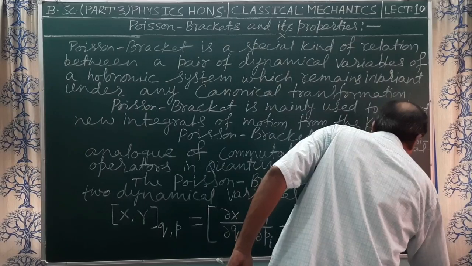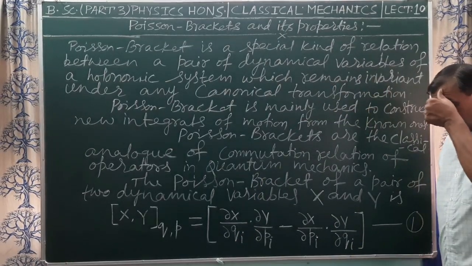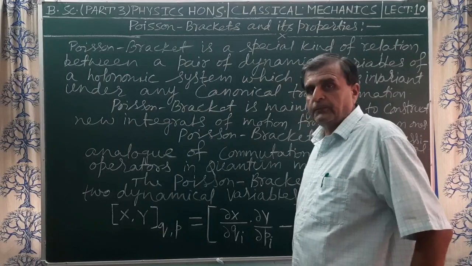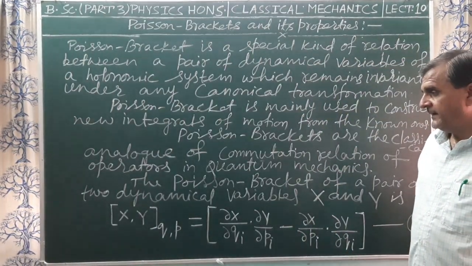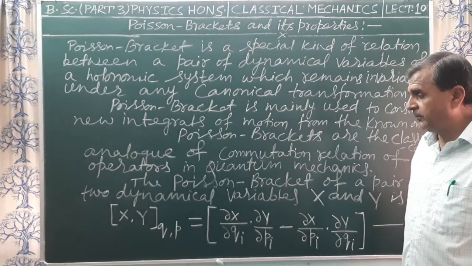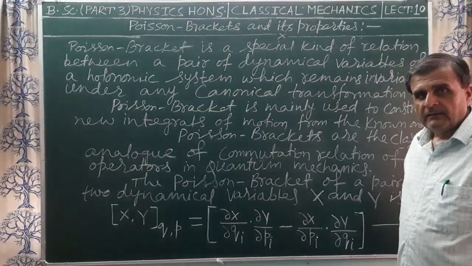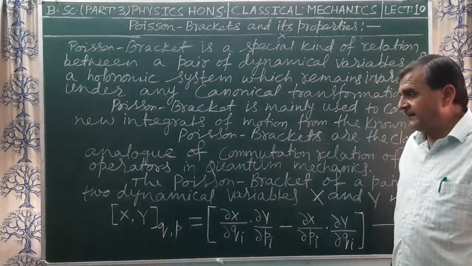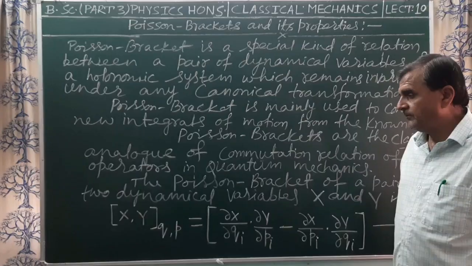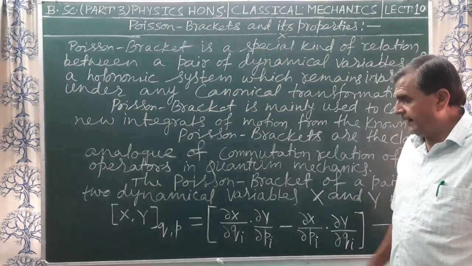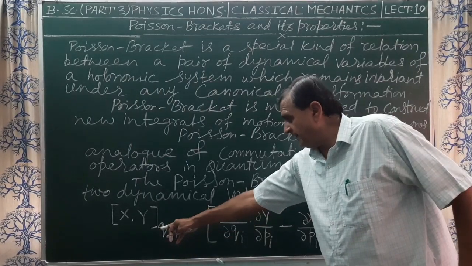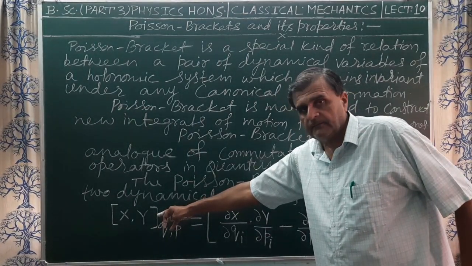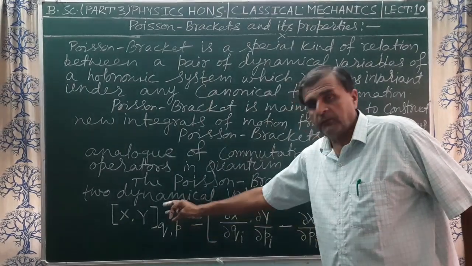Suppose it is equation number 1. This is the mathematical definition of the Poisson bracket of two dynamical variables X and Y, which are functions of position coordinate q and momentum p, represented in the suffix of this square bracket, the symbol of Poisson bracket.